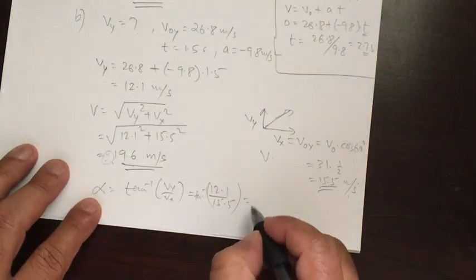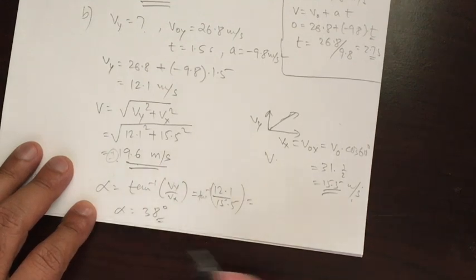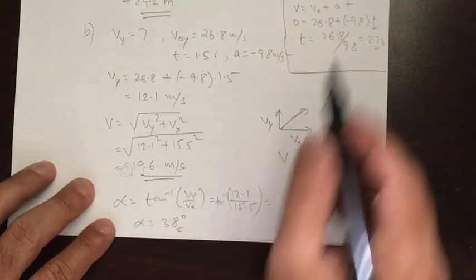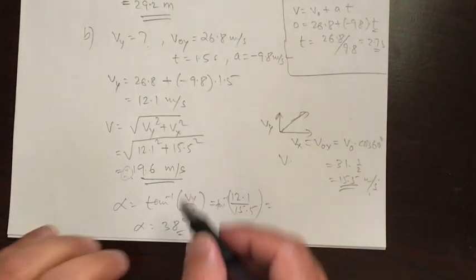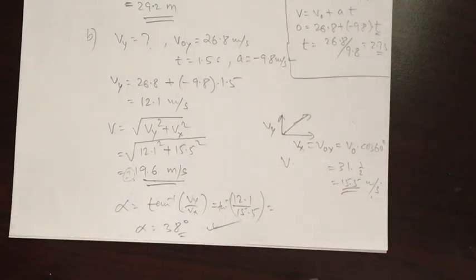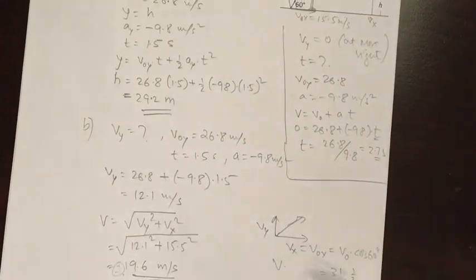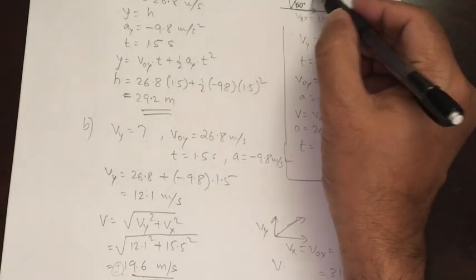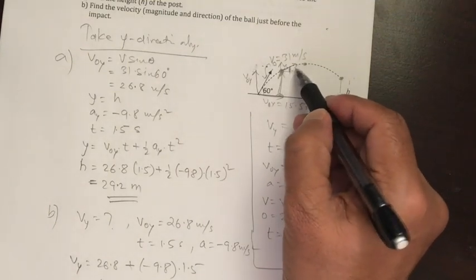So alpha equals 38 degrees with what axis? It's with the positive horizontal, or with the ground, and this is on the positive side, so this is even easier. In this problem, you have to make sure which way it is. Again, you're lucky that it is the first part, so your angle will be positive, alpha.